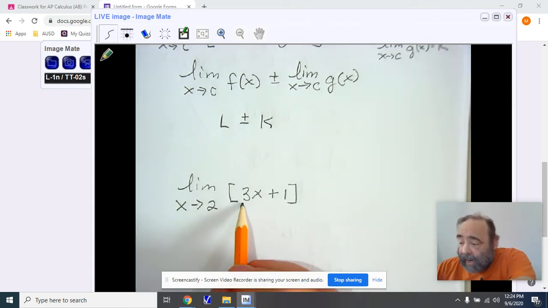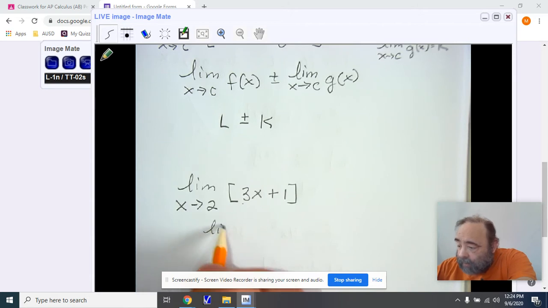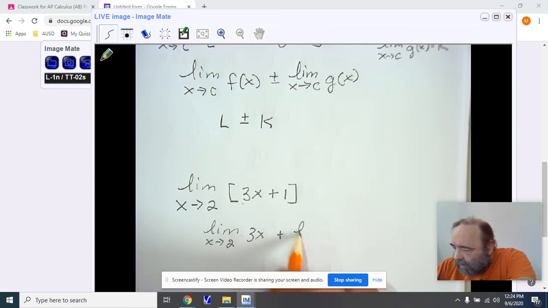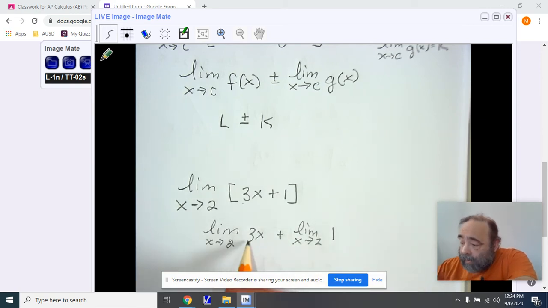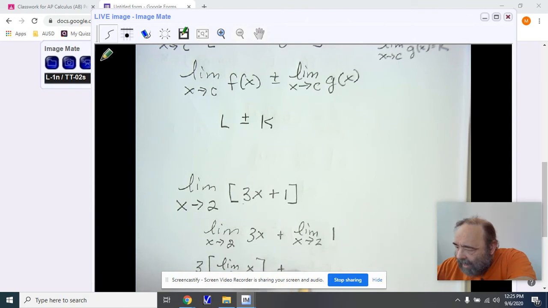Notice that there is a scalar and there is a sum. So we would first distribute our limit statement and look at it as the limit as x approaches 2 for 3x plus the limit as x approaches 2 for a 1. We know that the 3 has to come out in front, and we're looking at the limit as x approaches 2 for x, and then we are adding the limit as x approaches 2 for 1.